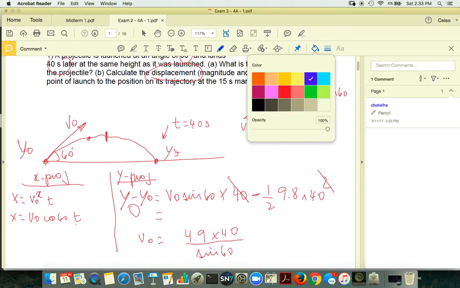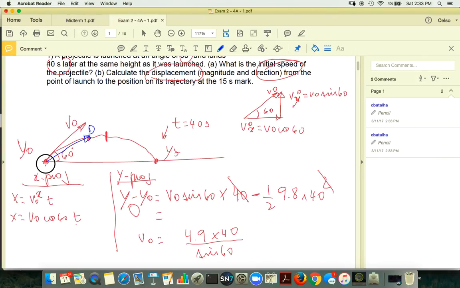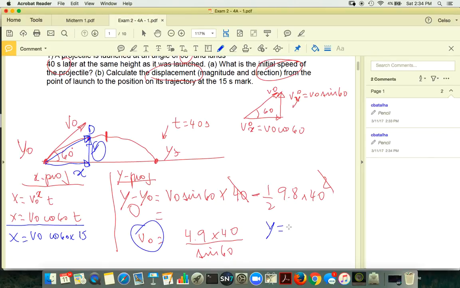I think the other exam was to find the velocity. So the displacement vector is given by the x component summed as a vector to the y component. What is your x component? It is going to be equal to this v naught, whatever number that is, cosine of 60 times 15. And your y component, you plug in the same equation.